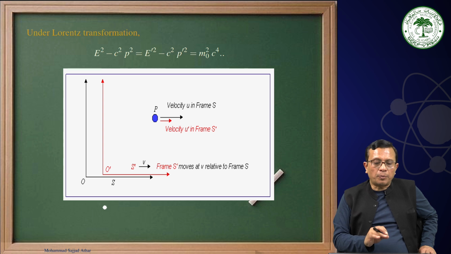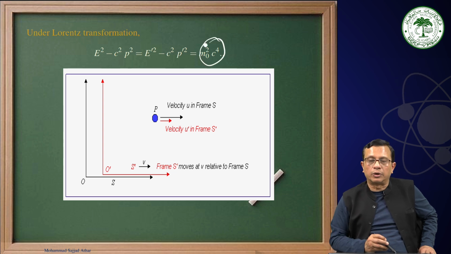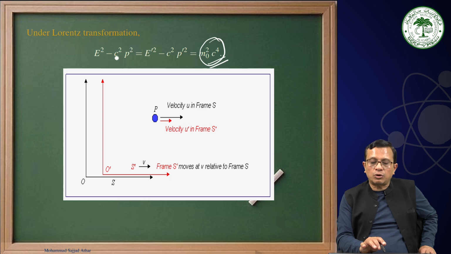The other important point is that the energy relation gives us m naught squared c4. This is a constant quantity, and therefore E square minus P squared c square will be the same as E prime square minus c square P prime square.